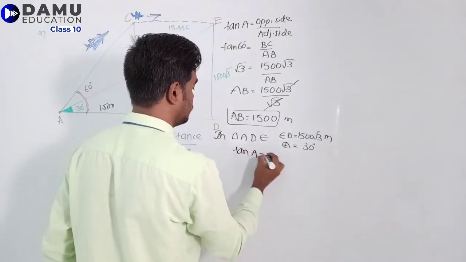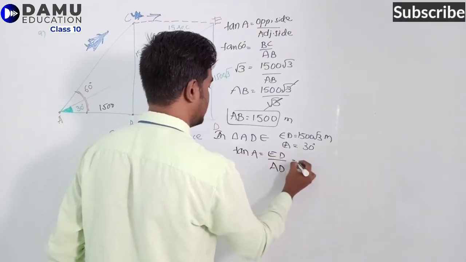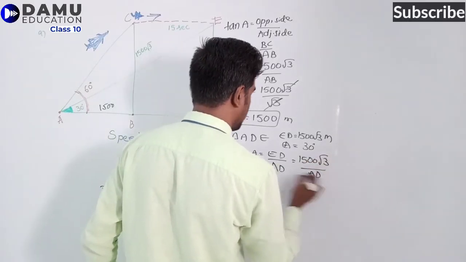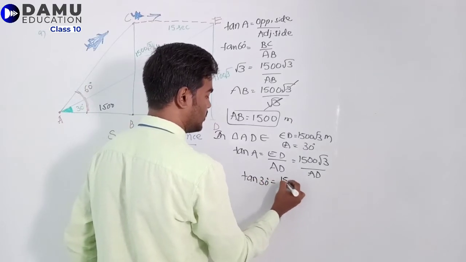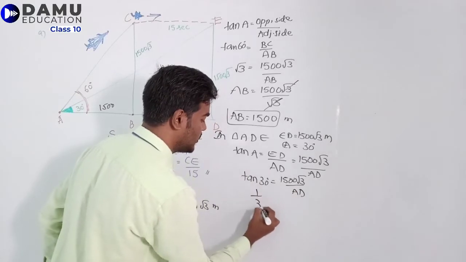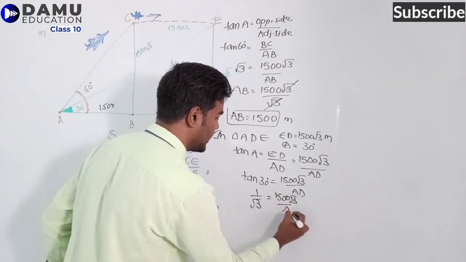Tan A will be equal to opposite side ED by adjacent side AD. So tan 30 degrees will be equal to 1500 root 3 by AD.